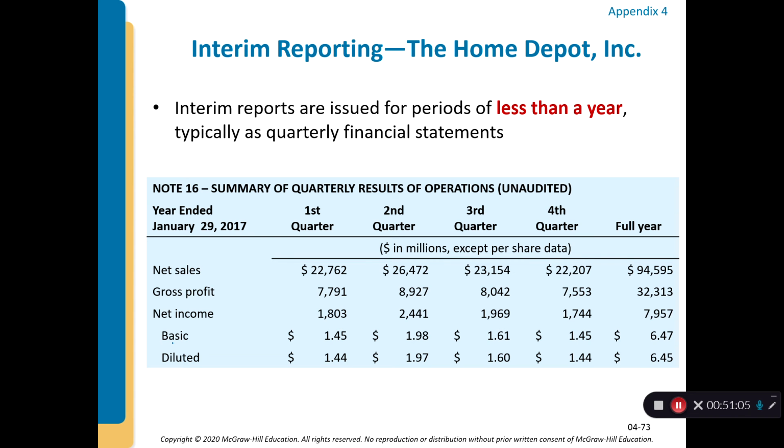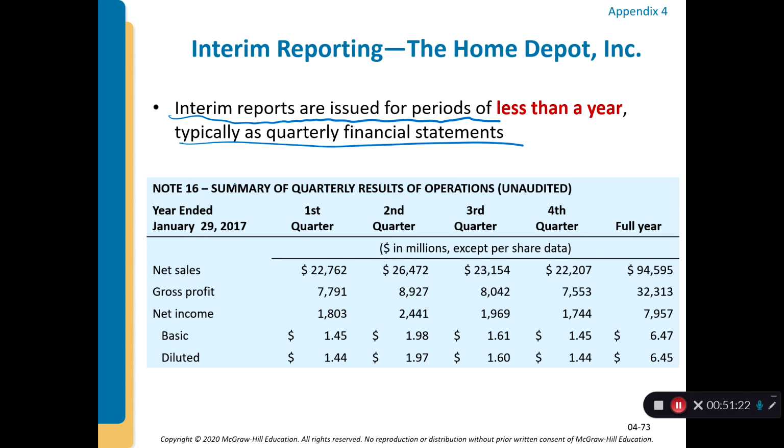Okay, so the last thing that we want to talk about is interim reporting, right? We use Home Depot as an example. Interim reports are issued for periods of less than 1 year, typically a quarterly financial report.